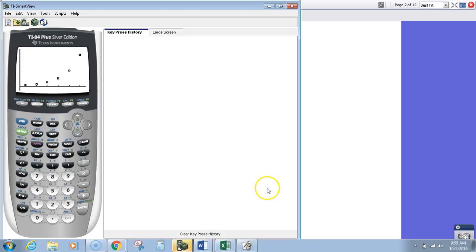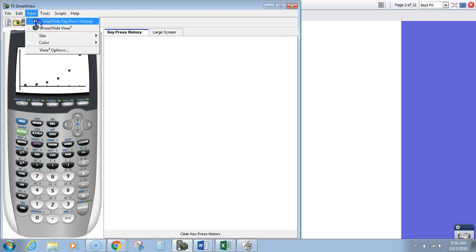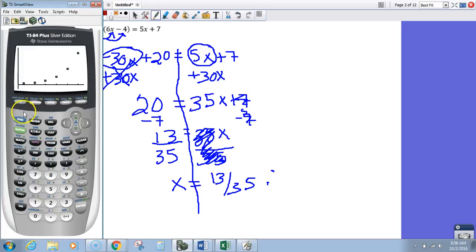Oh, I did get it out, good. Bear with me while I just talk you through this because it would take a longer time to press pause. So 13, I type in 13 first, 13 divided by 35 and 0.3714.